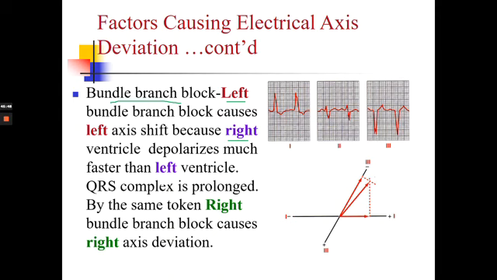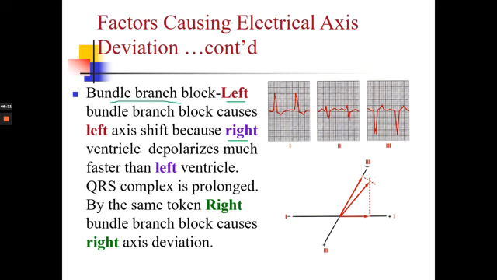In contrast, the ventricular muscle conducts the impulse at around 0.5 meters per second, which is very slow compared to the Purkinje. So in left bundle branch block, the right ventricle completes its depolarization, and the left ventricle is still depolarizing. So most of the current goes from the right to the left. In that case, we will have left axis deviation.